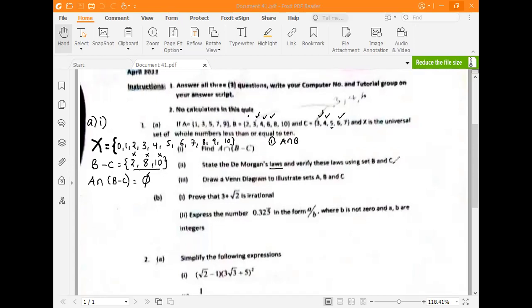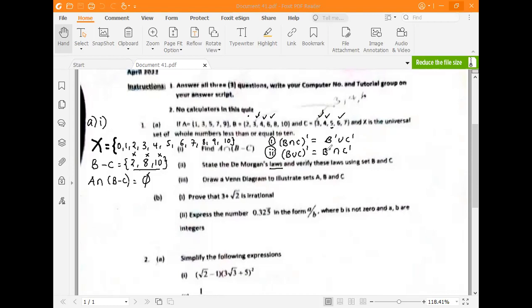So let's use B and C to state: B intersection C complement is equal to B complement union C complement. Law number 2 is B union C complement is equal to B complement intersection C complement. That's it, Morgan's laws for the sets B and C.